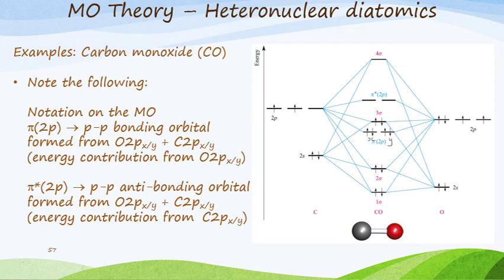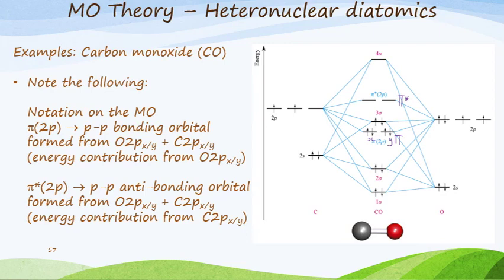It's a bonding interaction between the 2p x and y of oxygen and the 2p x and y of carbon, and the energy contribution comes mostly from the oxygen atom again, because remember the oxygen is the more electronegative of the two atoms. Then the anti-bonding interaction, so this will be the pi bonding from the px and the py. The anti-bonding interaction is this one up here.